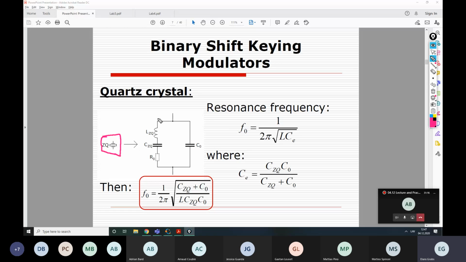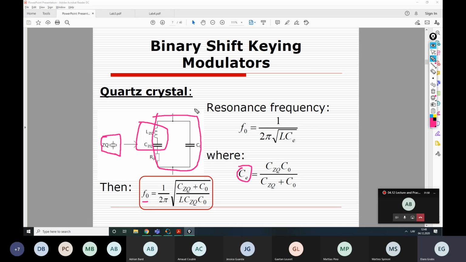These quartz crystals have an equivalent schematic of resonance contours, which includes both a series resonance contour here and a parallel resonance contour here. So basically, this contour has two resonance frequencies which are very close to each other and can be calculated effectively as a single one by calculating the equivalent capacitance from this schematic.